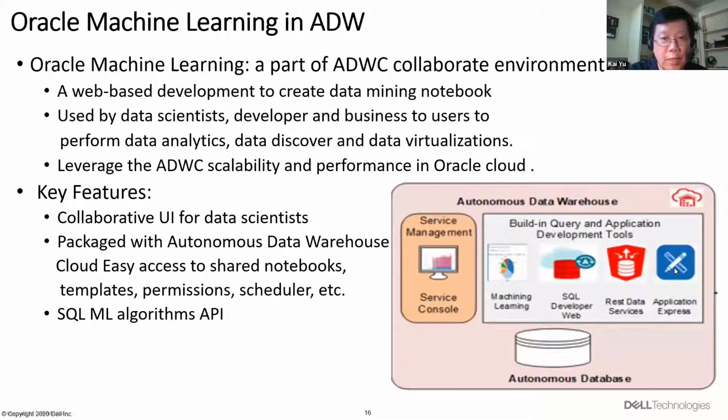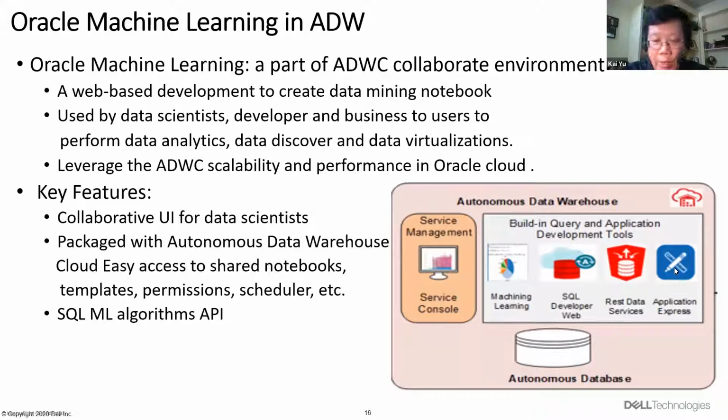Let's talk more. We just went through that. Let's see how Oracle machine learning works. Machine learning itself is built inside the autonomous database, which we just discussed, and allows you to run notebooks. The machine learning includes a notebook based on Zeppelin notebook.